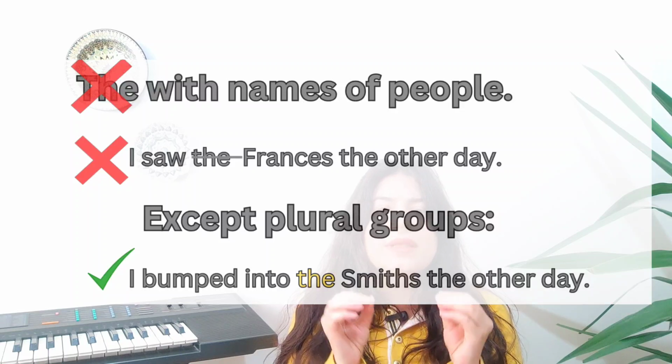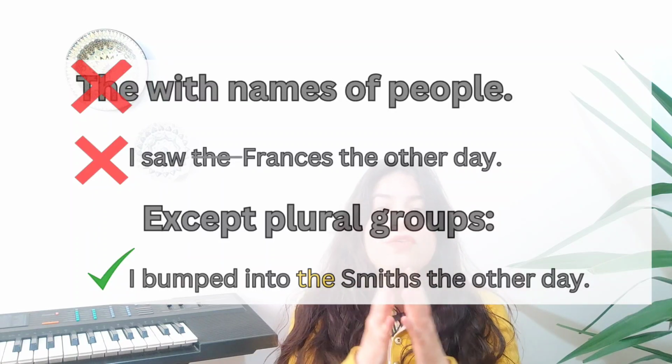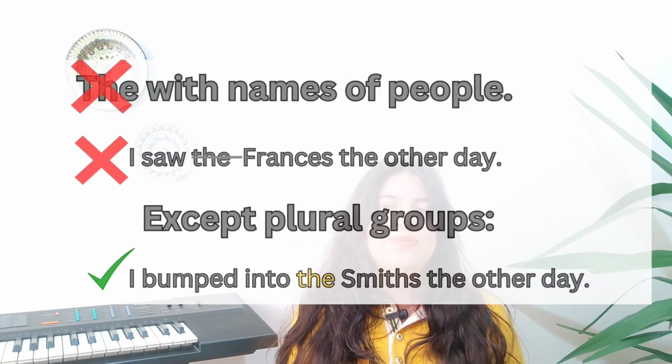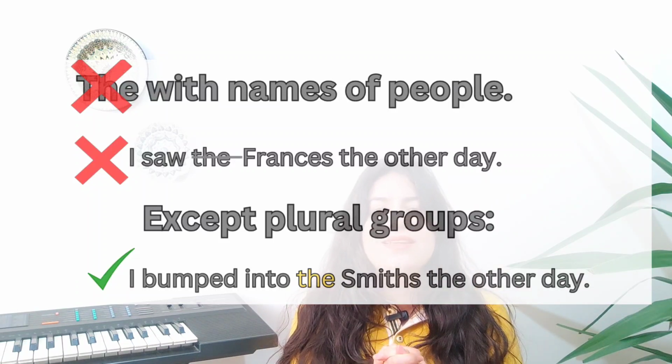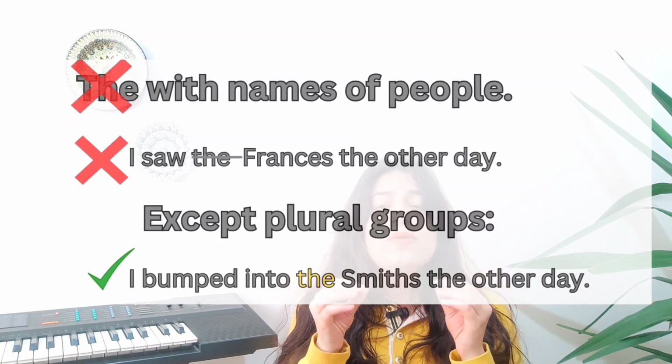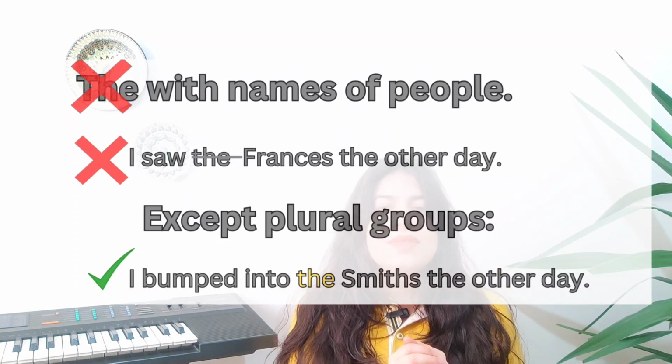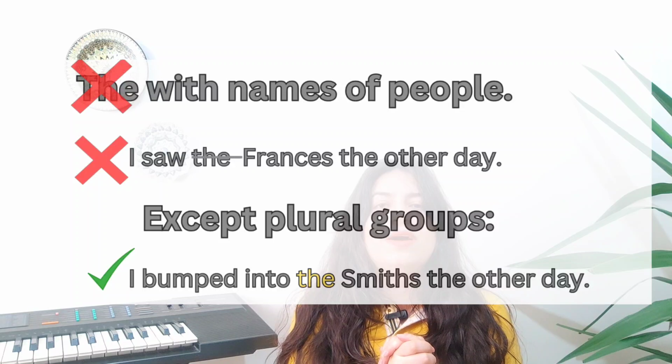Then we would use the and the plural form of that family name. I bumped into the Smiths the other day. So, when I say the Smiths, I mean more than one member of the Smith family.